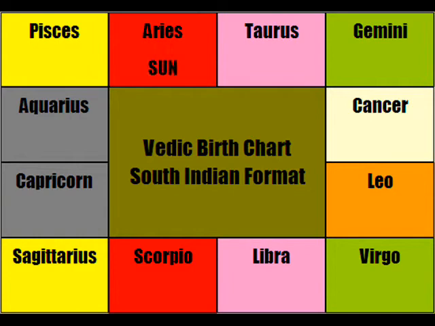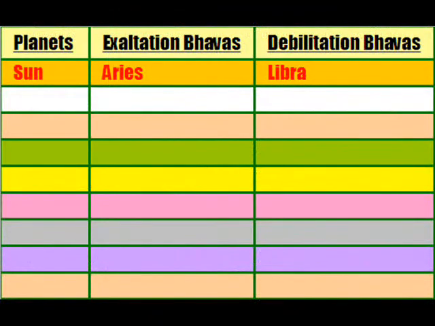Aries is where the Sun gets exalted, and 7 houses from that point, that is counting in Aries, will be Libra, where the Sun gets debilitated. Let's go back to the table again. In the same way, the Moon gets exalted at Taurus and debilitated at Scorpio.